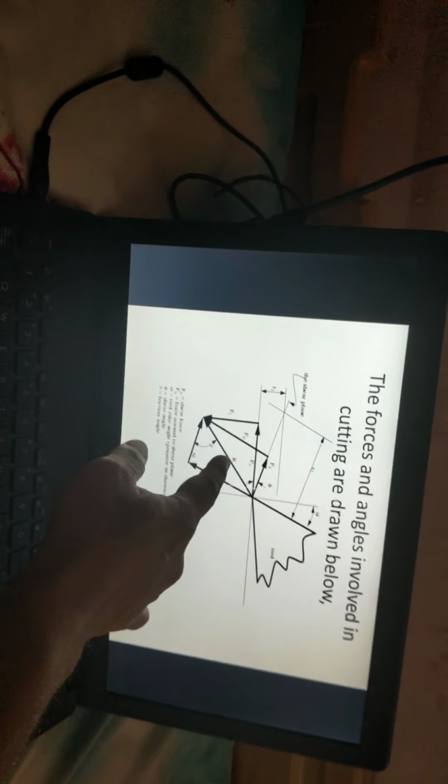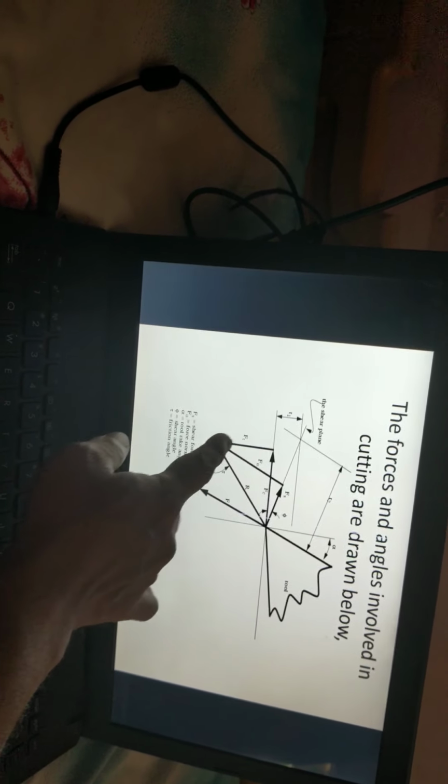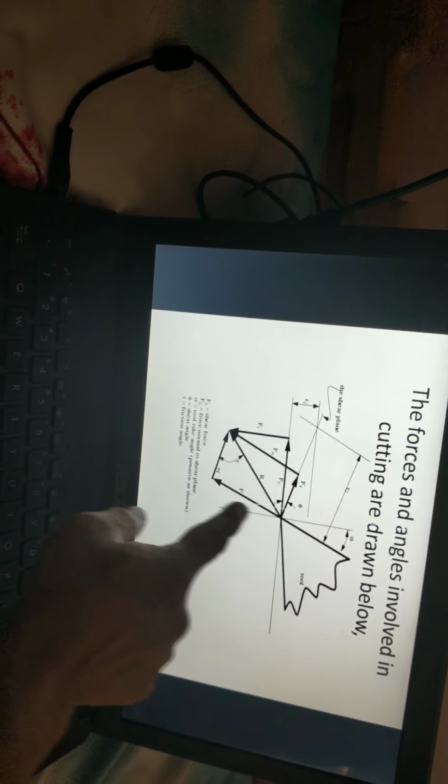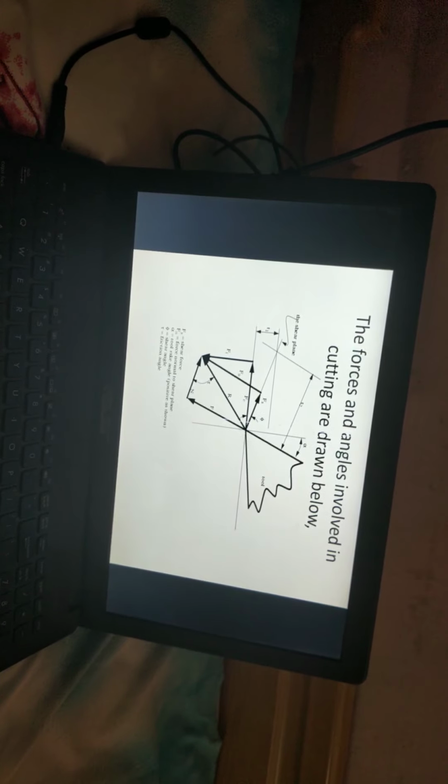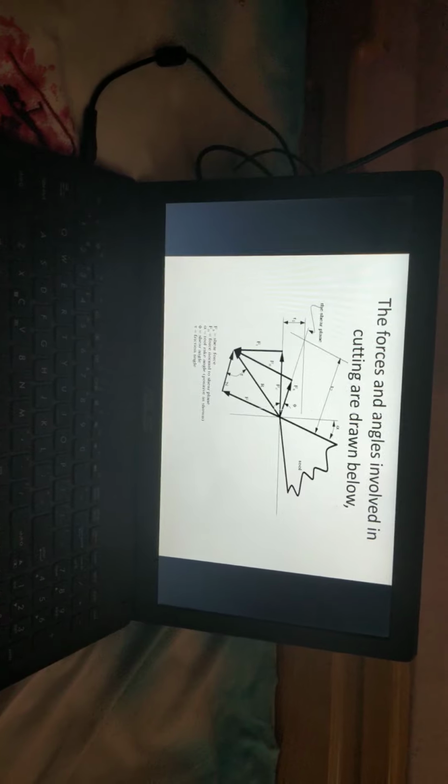If we draw a circle with R as diameter, all these points will lie on the circle. Fs is the shear force, Fn is the normal force, alpha is the rake angle, phi is the shear angle, and beta or tau is the friction angle. In some books it is denoted by beta, in some books by tau.